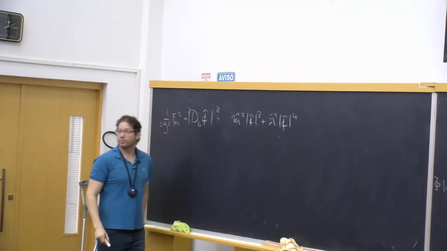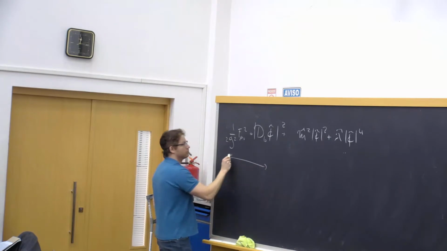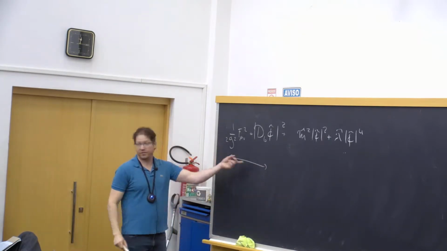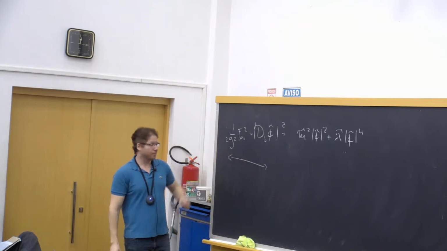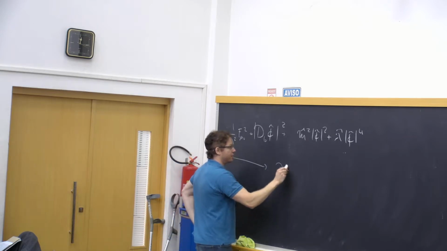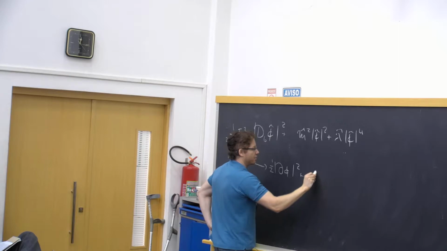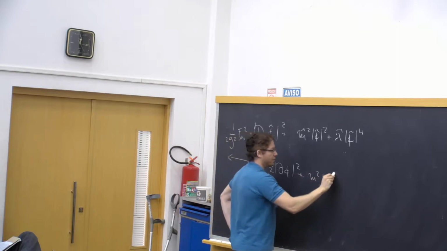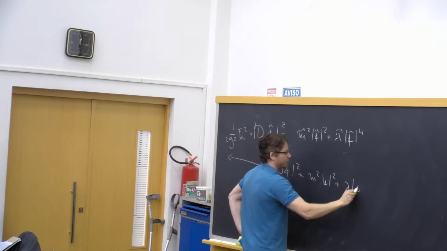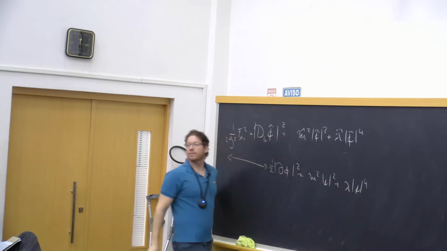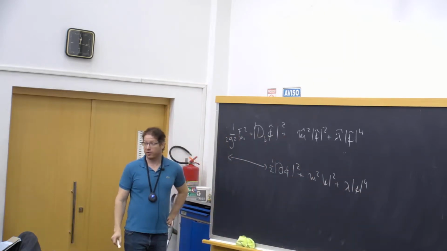That's one model. This model is supposed to be dual, that's the notation for being dual, to just (1/2)(dφ)² plus m² φ² plus λ φ⁴. Okay. This is duality. This is called particle-vortex duality.